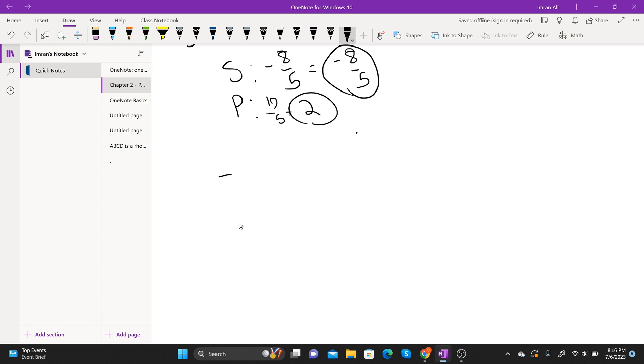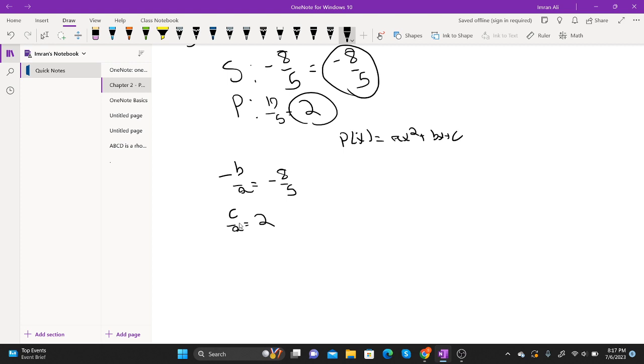Then we can write out ax squared plus bx plus c. And negative b over a is negative 8 over 5. And then the product of the roots is 2, which is c over a is 2.